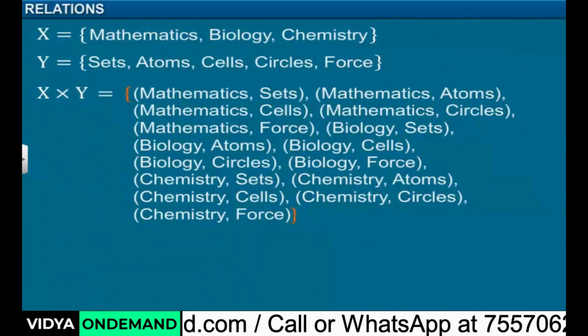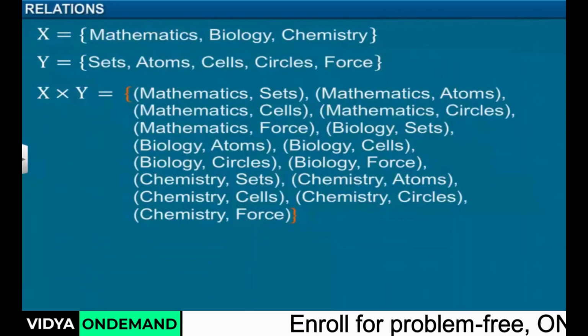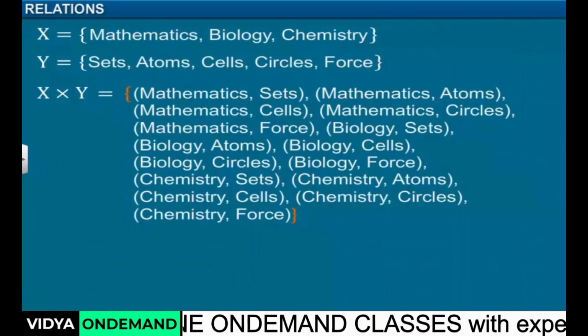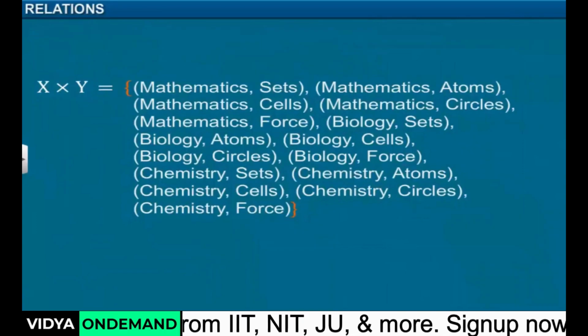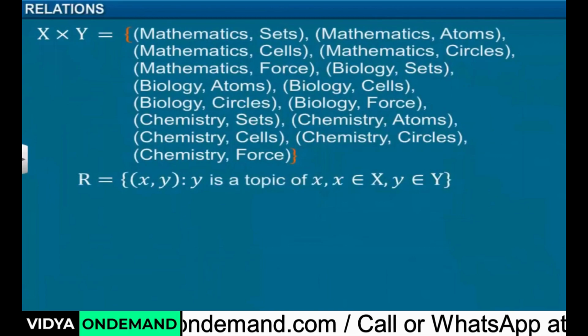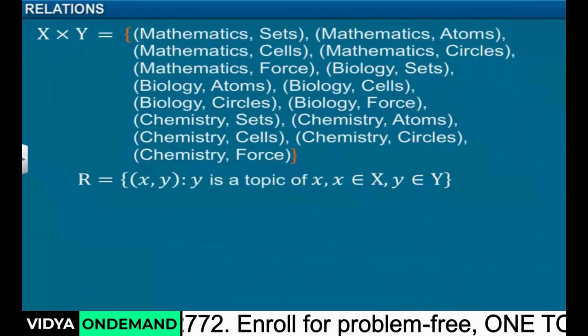Let us now introduce a relation between the first and the second elements of the ordered pair such that the second element is a topic of the first element. That is, all ordered pairs (x, y) such that y is a topic of x, where x belongs to set X and y belongs to set Y.